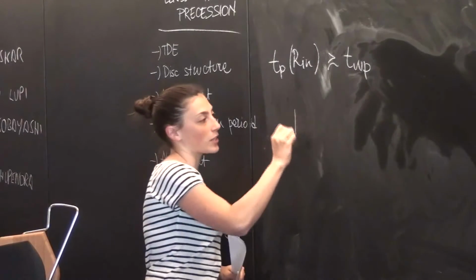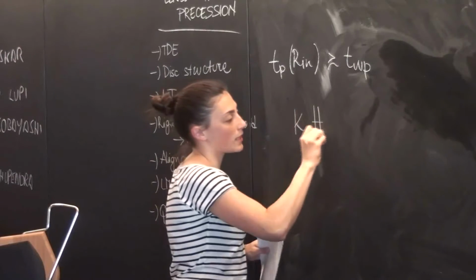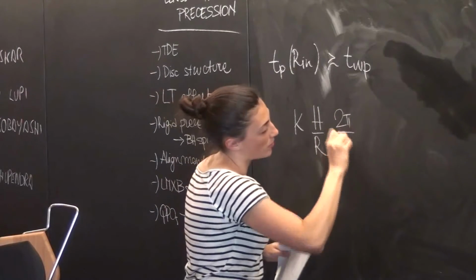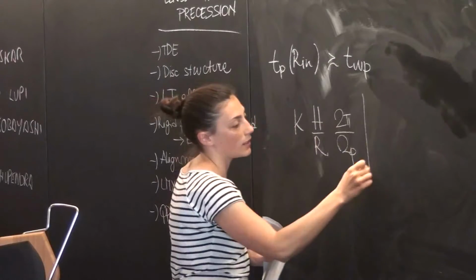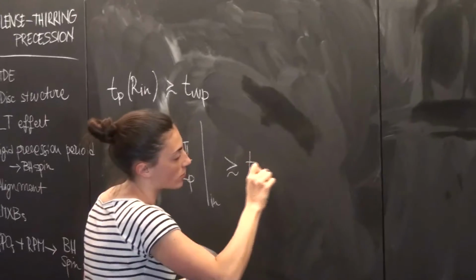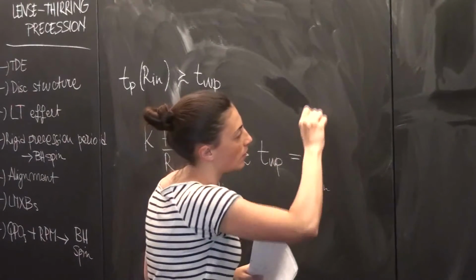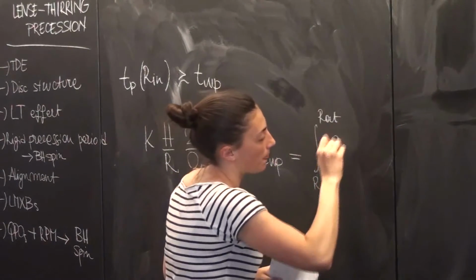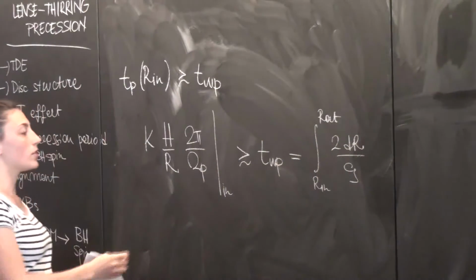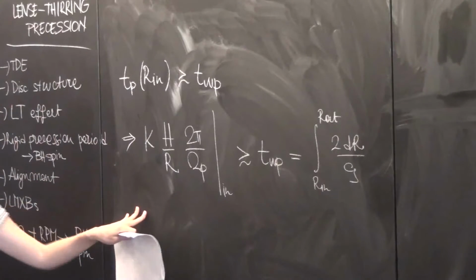So this condition, which is independent of the parameters of the system, is that h/r times 2 pi over omega p, all evaluated at the inner radius, must be greater than the warp propagation timescale, which is the sound crossing timescale. This is the condition that needs to be satisfied in order for the disk to rigidly precess.